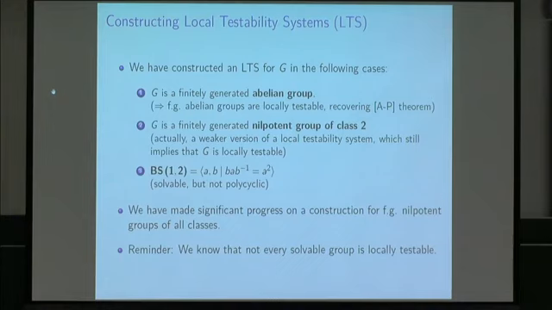So we already have a suggestion for a construction for this object for all nilpotent groups, but only a proof that it really is a local testability system for the low classes. And just a reminder, we don't expect to build local testability systems for all solvable groups because we know that not all solvable groups are locally testable.